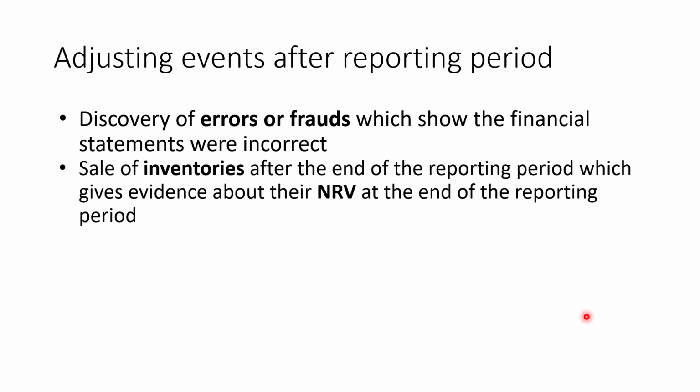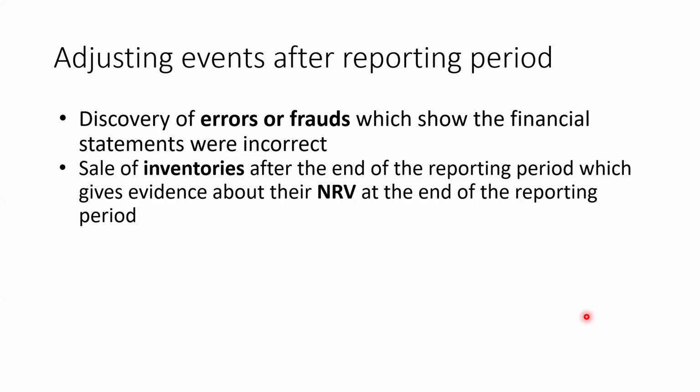But then between the reporting date and the authorization date, you realize that there's been a sale of this same inventory at a lower price than the cost. So it means that the net realizable value is now lower than the cost of the inventory.